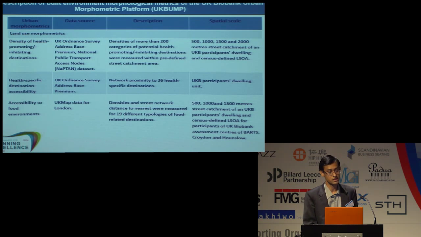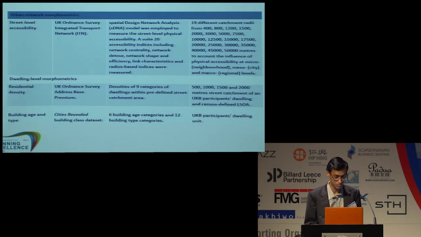Network proximity to 36 health-specific destinations, density and street distances to nearest for 19 different categories of food outlets. This was done only for 50,000 individuals within the Greater London Boroughs, whereas others are for the entire 500,000 people.